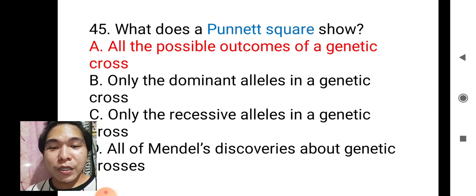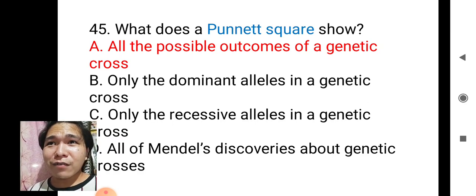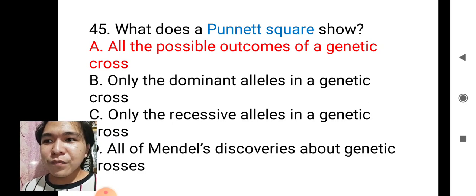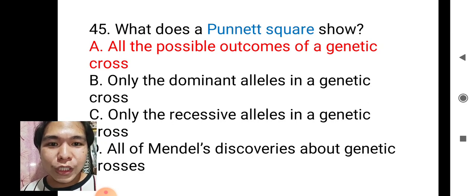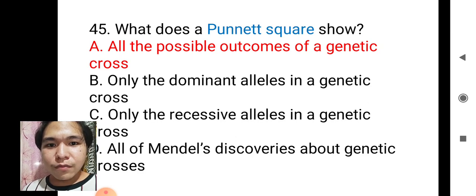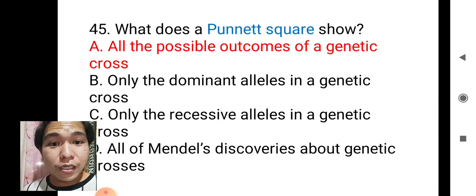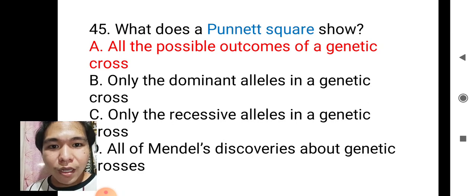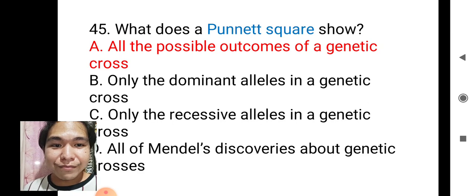So for example, may dominant at recessive, pinapakita nito kung ilang percentage. For example, yung mother niya is brown yung hair, yung father niya is blue yung eyes. Ilan bang percentage yung makukuha kung magkakaroon sila ng anak? Ilan ba yung may blue eyes? Just go over with our material.